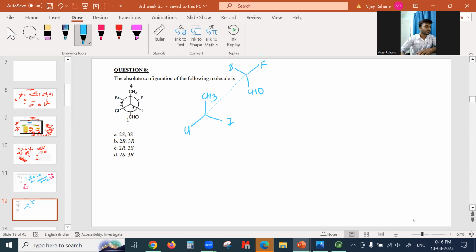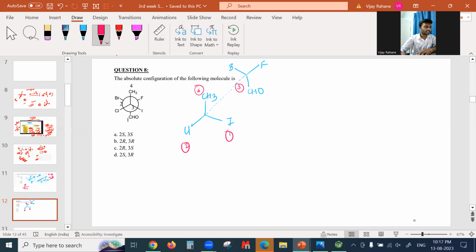And now we just need to assign the absolute configuration. So we'll give the numbering to this. This is the 1, this is the 2, and the backside carbon will be the third. The backside carbon has the third priority, and the methyl group has the fourth priority. Here, for simplicity, we'll look from the side of methyl.